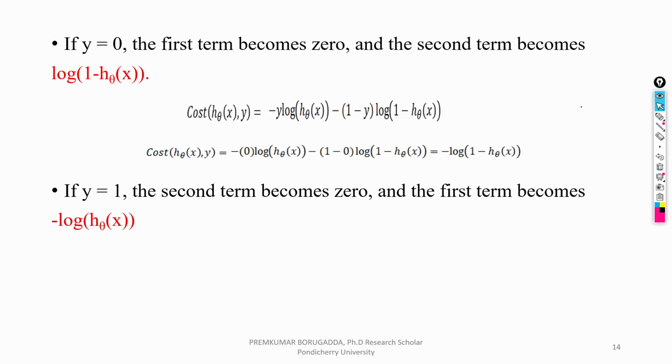If you put y equal to 0, the first term becomes 0 and the second term becomes like this.